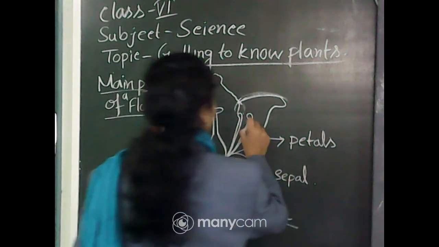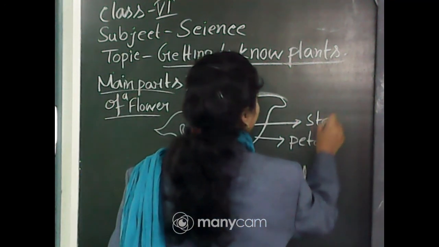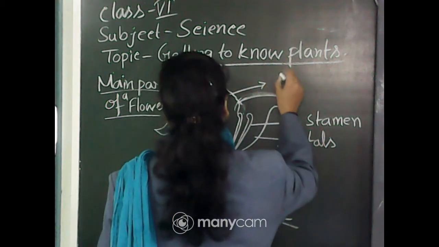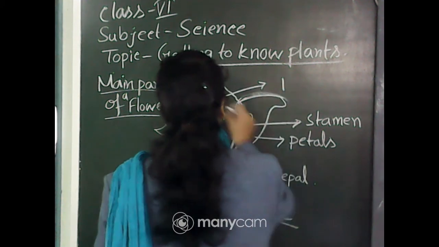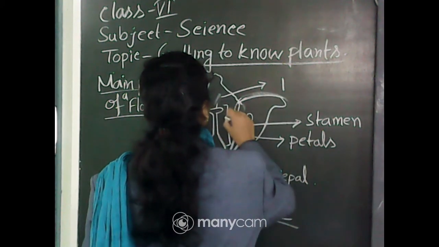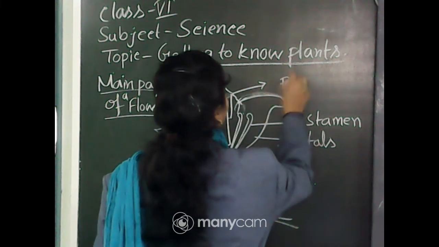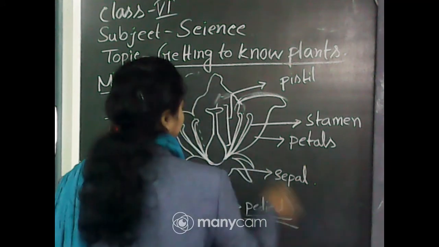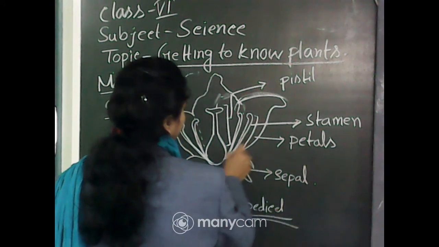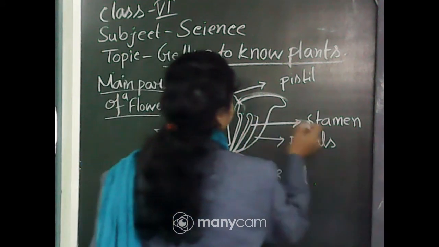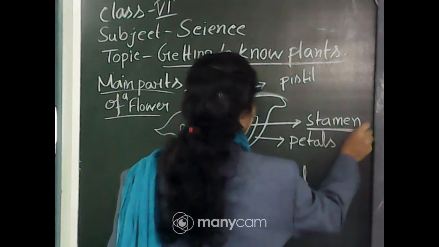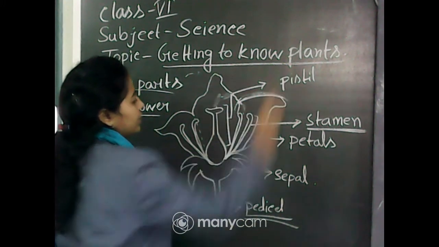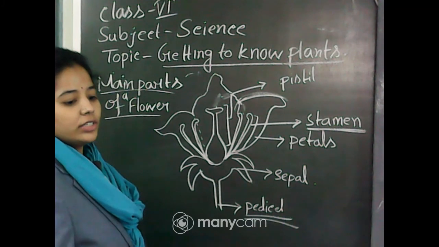Then the stamen, this one, and another is the pistil. The whole structure of this male reproductive organ is known as the stamen, and the whole structure of the female reproductive part is known as the pistil. I hope you have understood this portion.